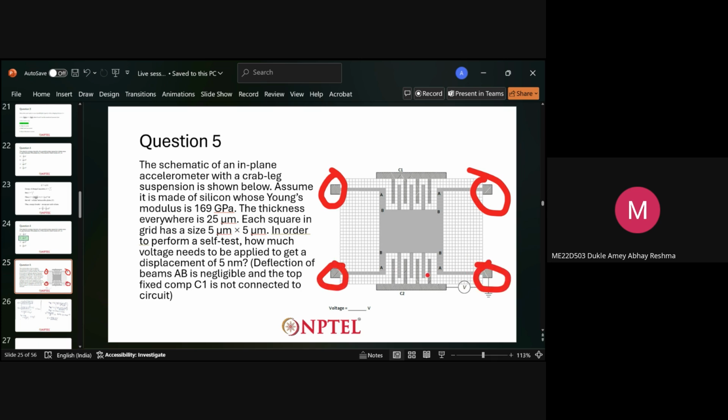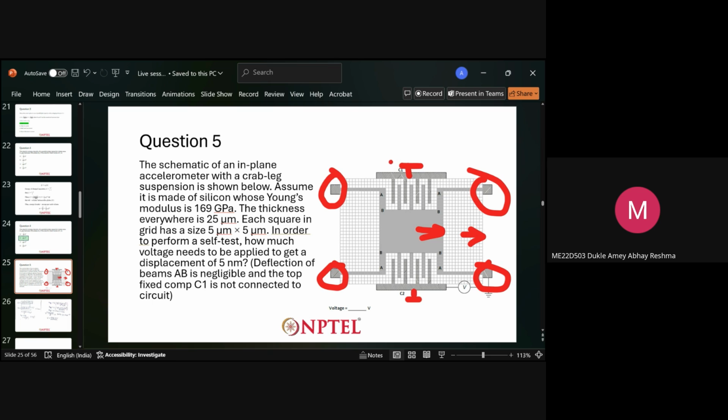Now what will happen depends on the movement. If the acceleration is happening, and this is moving here, this will again be stable. This is also fixed, this is again fixed. If the car is moving forward, the entire structure will move forward.